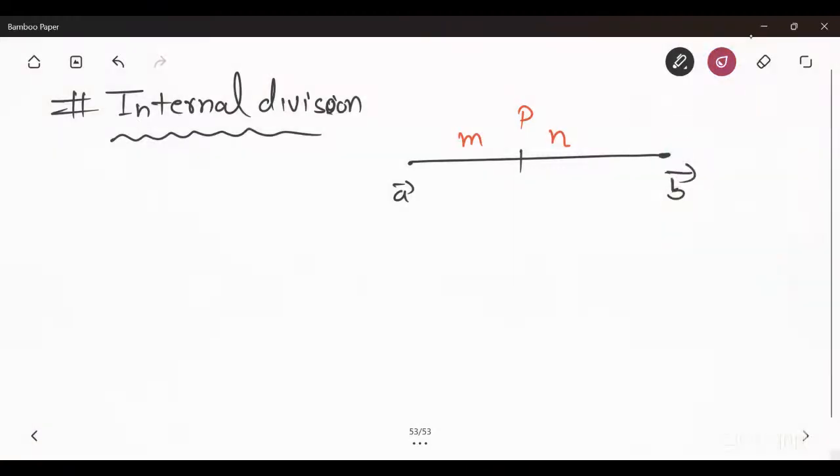So the position vector of P is m times A vector plus n times B vector upon m plus n, if it divides it internally.